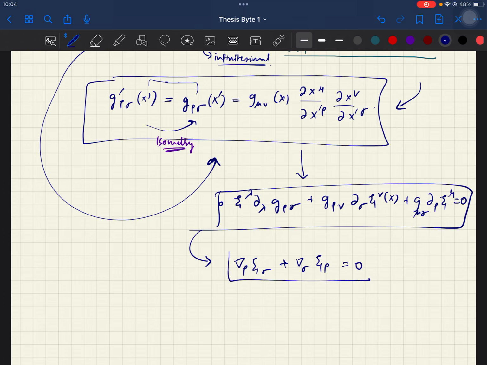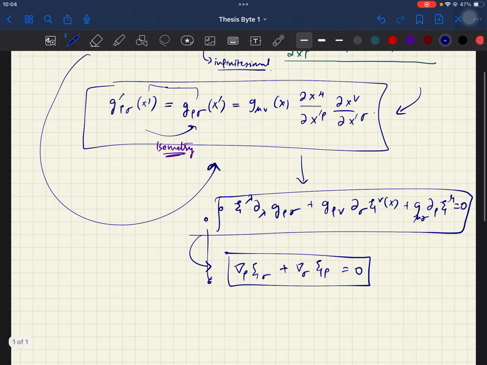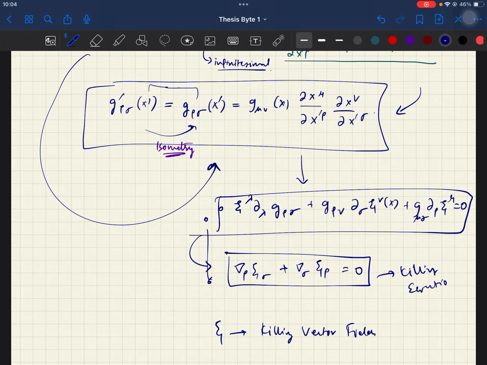This is the first form, and this is the second form, if you will. And these xi's are called killing vector fields. This is the killing condition, or killing equation, whatever.